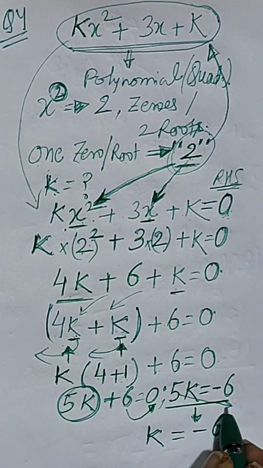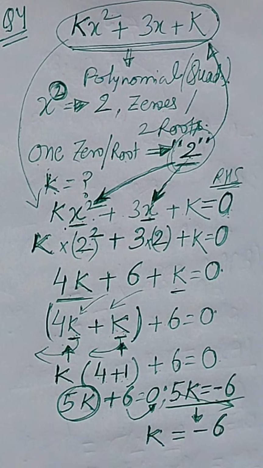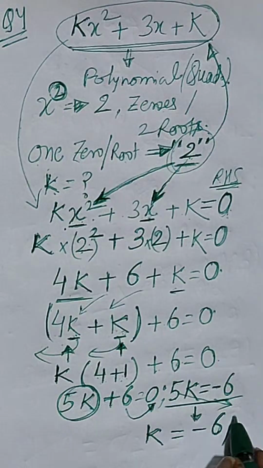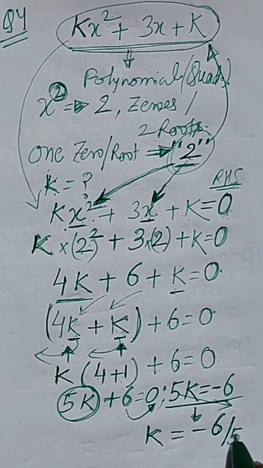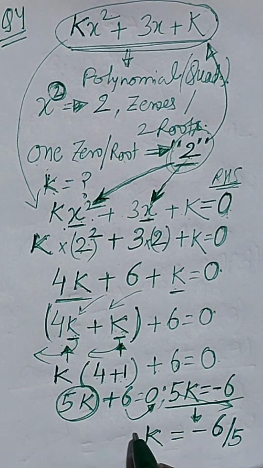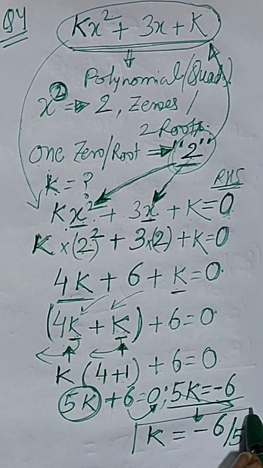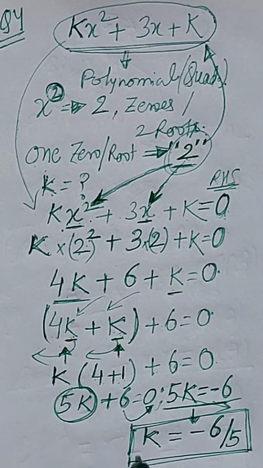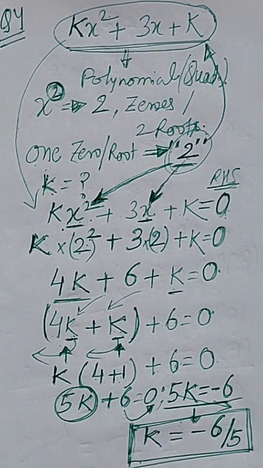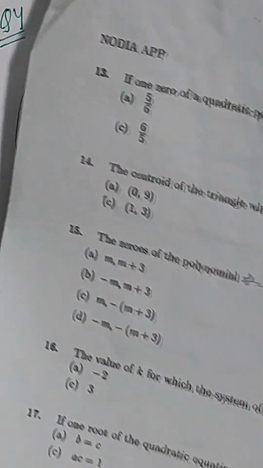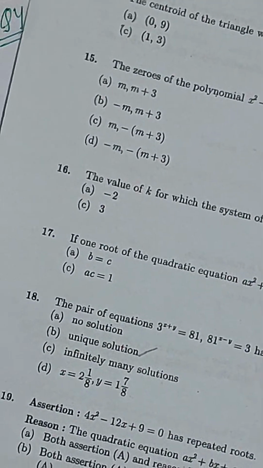So minus 6 by 5 is the value of k, which is calculated, right? Yeah, sure, why not? Welcome, Rambhakt. So we'll take some more questions.